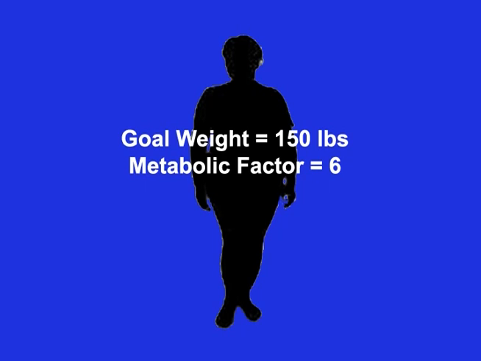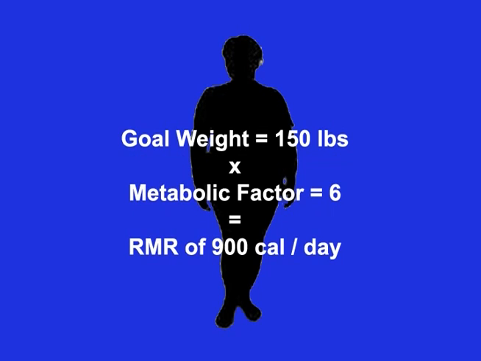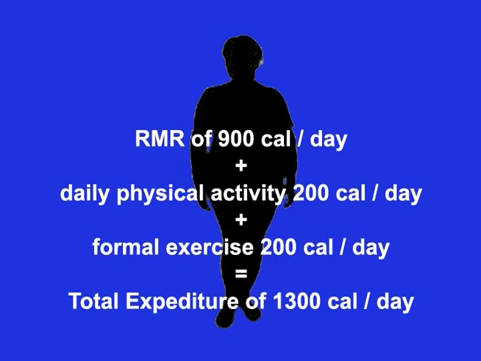Patient 2 has a goal weight of 150 pounds, and her metabolic factor is 6. 150 pounds times a factor of 6 equals a RMR of 900 calories per day. If we added an additional 200 calories to her physical activity and assume that she expended another 200 calories in her chosen formal exercise, her RMR of 900 calories per day plus her daily activity of 200 calories plus her formal exercise of 200 calories would equal a total daily calorie expenditure of 1,300.